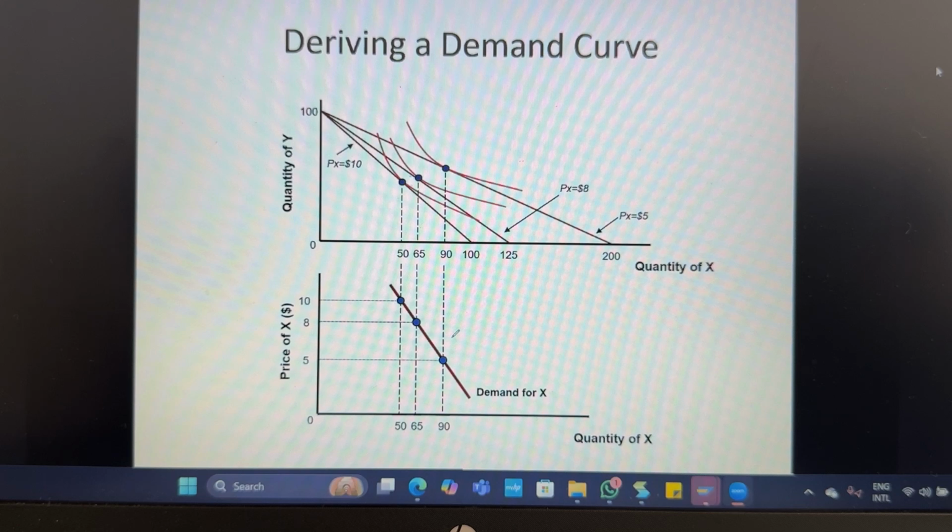Can you construct? Yes. Could you tell the question again, please? With the help of indifference curve analysis, construct the demand curve for a commodity.